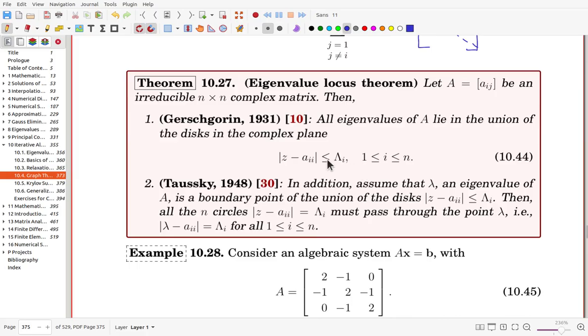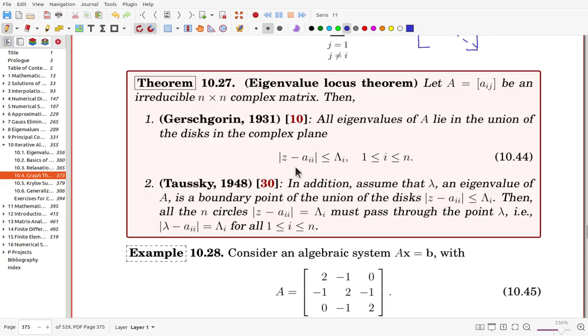We have a theorem. A is an irreducible square matrix. It can be complex valued or it can be real, it doesn't matter. Now, Gerschgorin's theorem in 1931 says this: all eigenvalues of A lie in the union of disks in the complex plane.